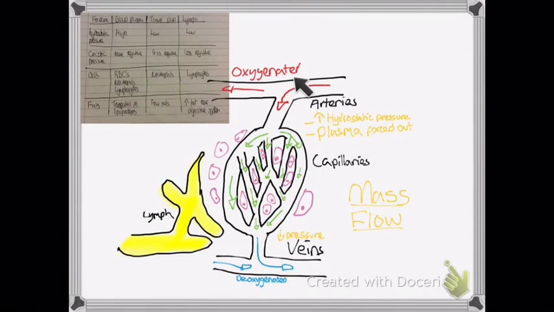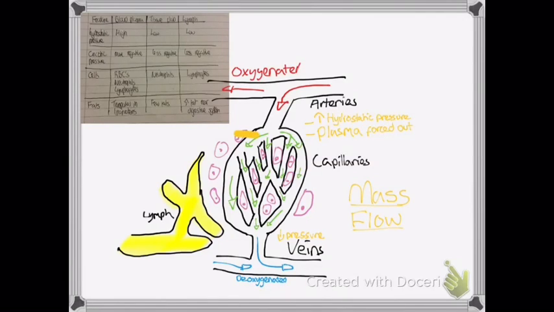So first of all, we've got oxygenated blood coming from arteries. It enters the capillary network through arterioles into our capillary network. And here at the arteries we've got a high hydrostatic pressure. So blood plasma is forced out. Okay, let's do this in nice orangey colour.